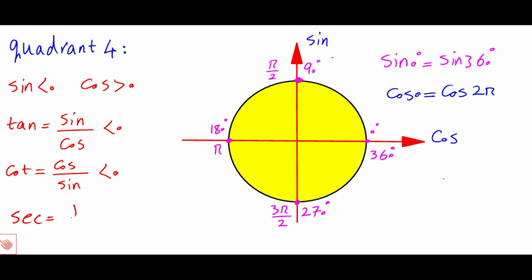Secant is equal to 1 over cosine, which is positive, and cosecant is equal to 1 over sine, which is negative.